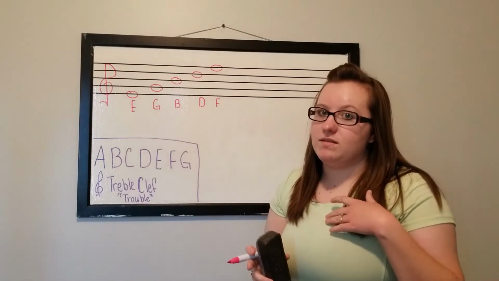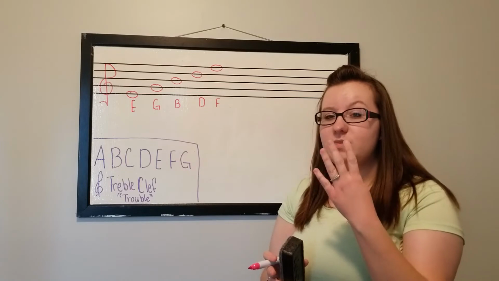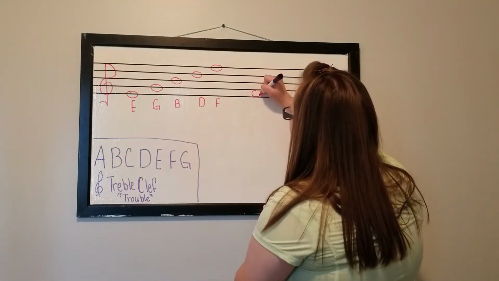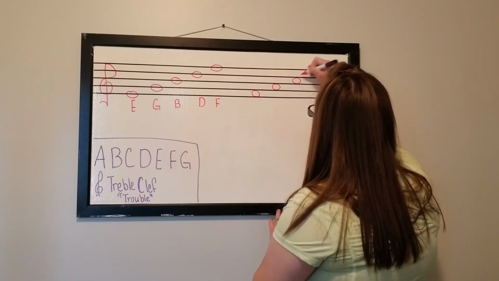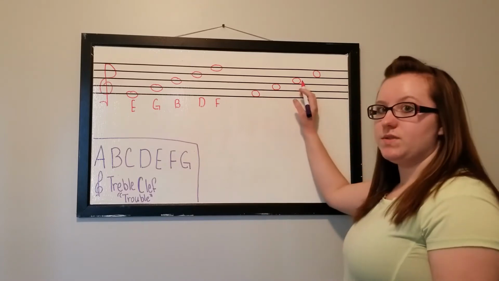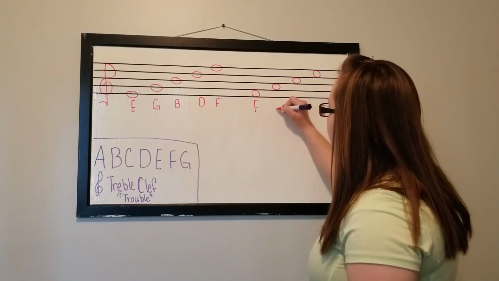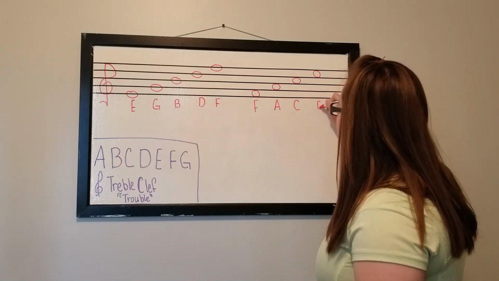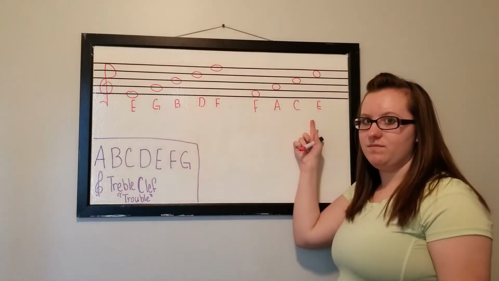Now let's do the spaces. In my opinion, the spaces are a little easier to learn. Now remember, there's 4 spaces on our staff. So I'm going to put my notes here. When we have our notes on the spaces, these are the letters that go along with it: F, A, C, and E. What word does that spell?